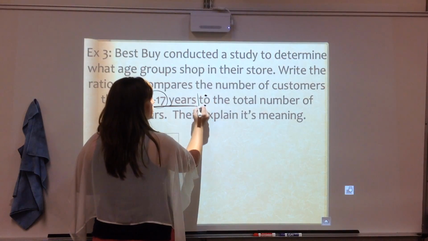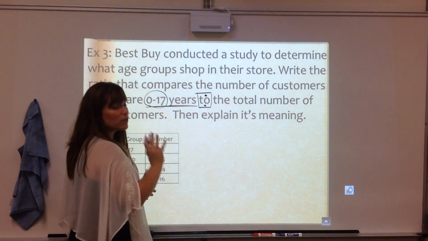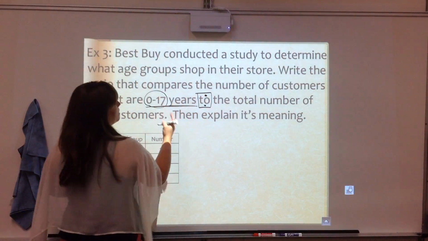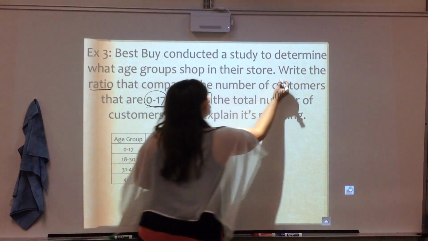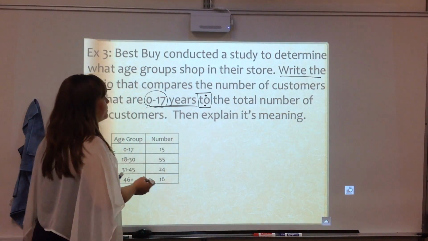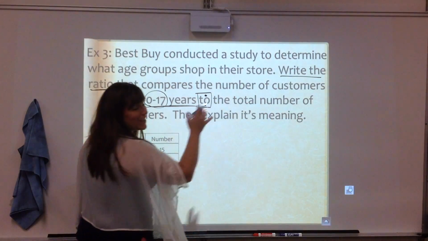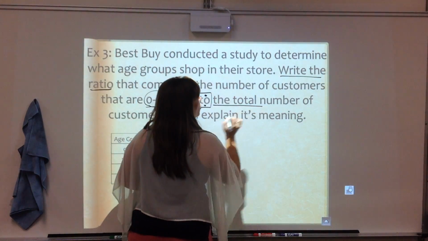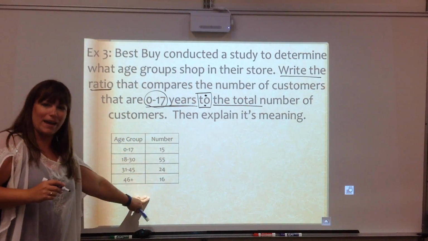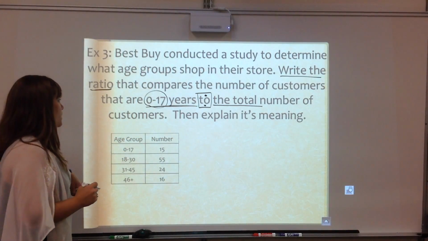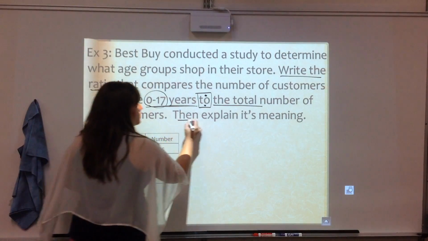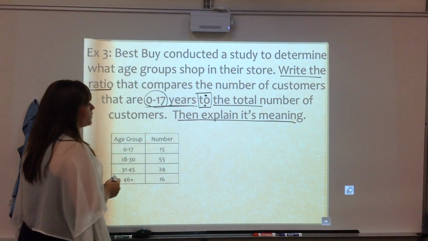Here's my 2. Here's my action word saying, oh, I'm going to do a ratio. Plus it says write the ratio. So that's pretty self-explanatory. But the other thing that we're comparing is that total. So we're going to have to add these up and then explain the meaning. So that's something else that we need to do.